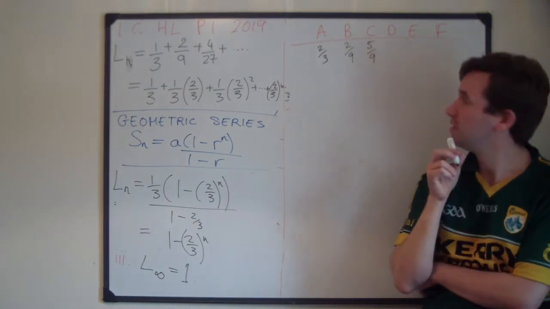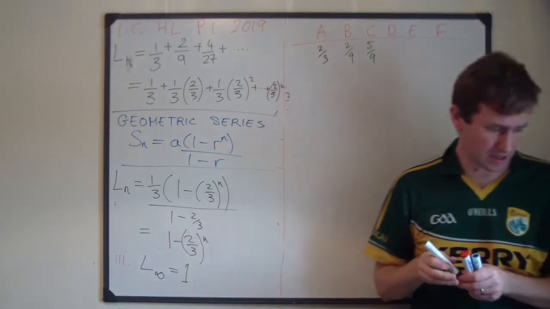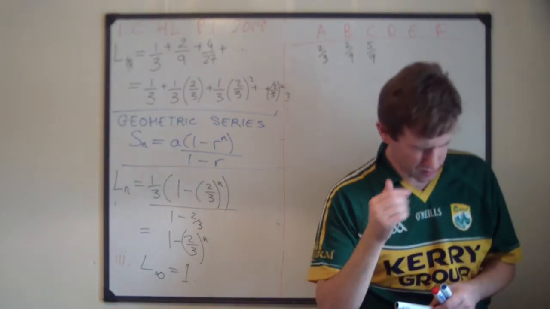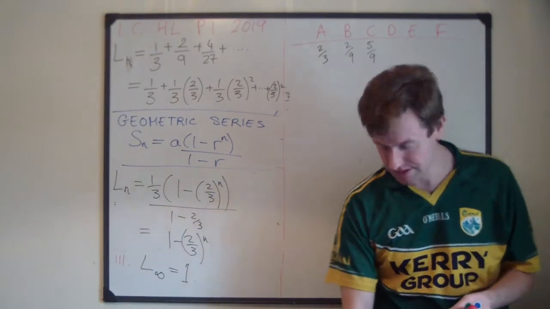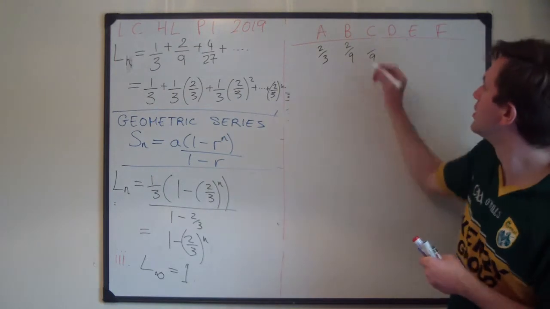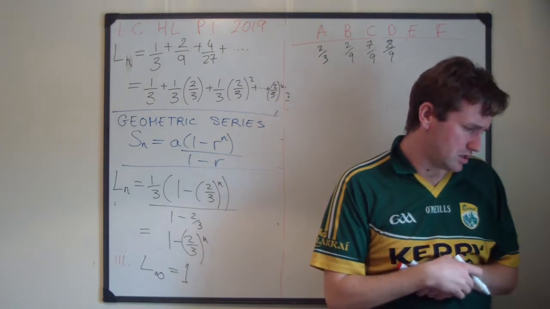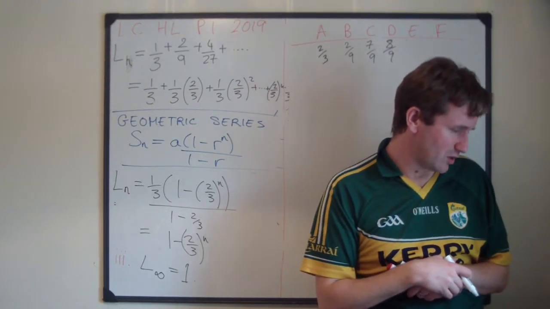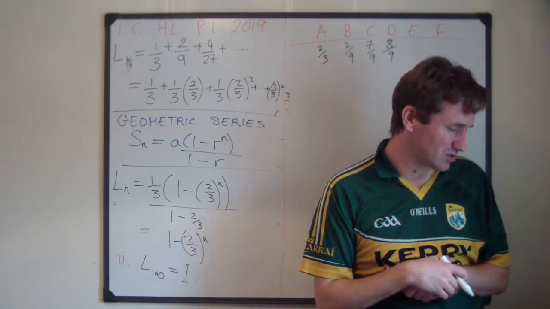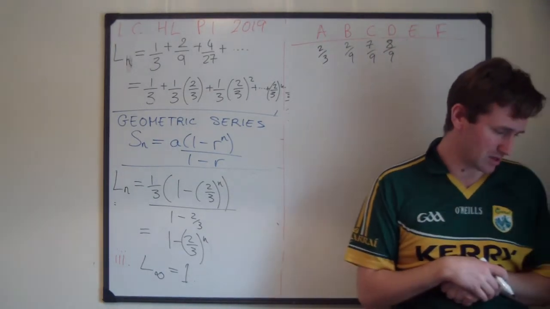What's next? D would be, excuse me, there's a small mistake here. 2/3 is 6/9, so this should be 7/9. And then the next one is 8/9. E, ugh. So down the bottom you've got 0, 1/27, 2/27, 3/27.